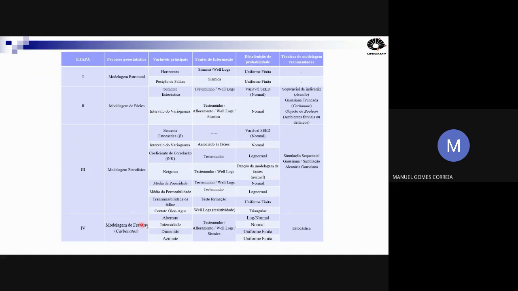Okay, so this is in Portuguese, okay? I could try to translate this, but the part of the fracture modeling is here. We have several variables that we can change to have a more accurate model: the aperture, the intensity of the fractures, the dimension of the fractures, and the orientation of the fractures.